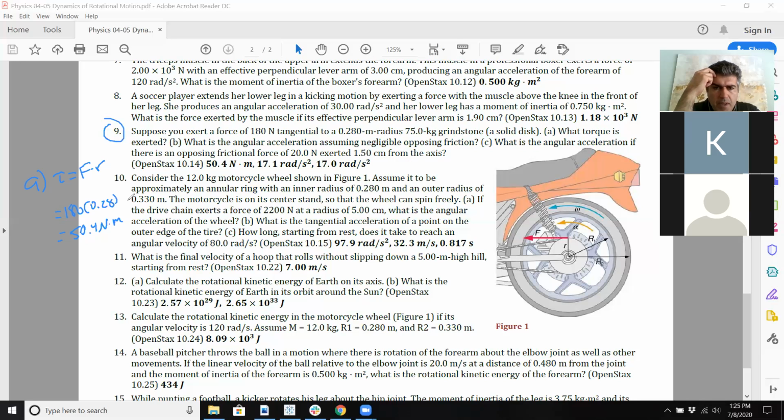Then for part B, remember we talked about this in one of our formulas: tau equals I alpha. We are assuming it's a solid disk. So our tau is 50.4. Our I, because it's a solid disk, is mr squared over 2.